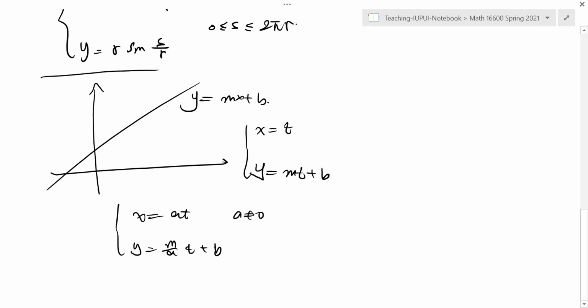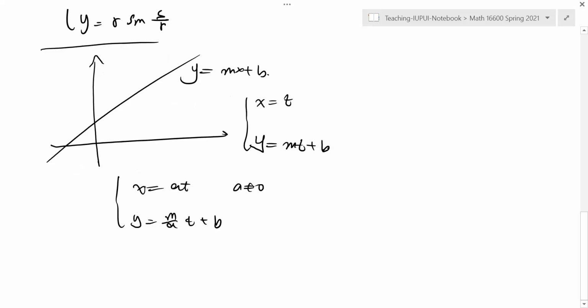That's another option, so it's not unique. And these two equations also give you the same relationship between x and y, because t over a is x, so you can replace t over a by x, then get y equals mx plus b.